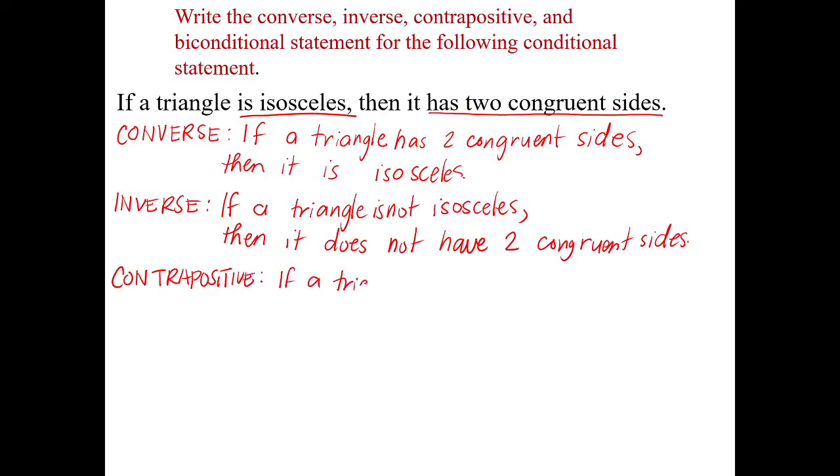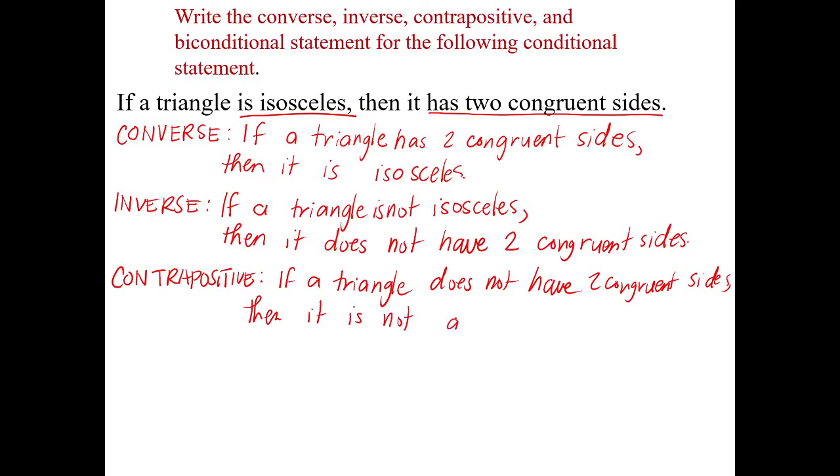Okay, correct. If a triangle does not have two congruent sides, then it is not isosceles.